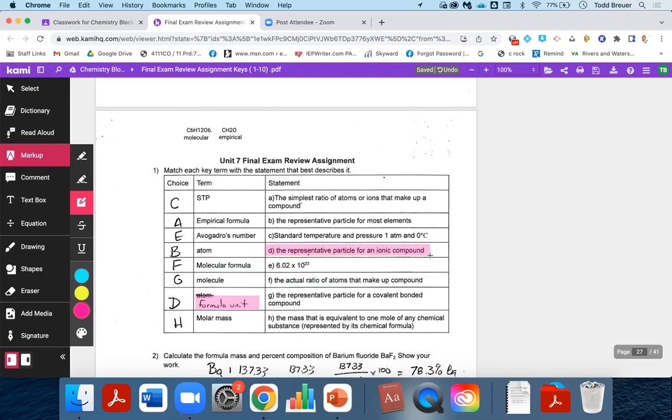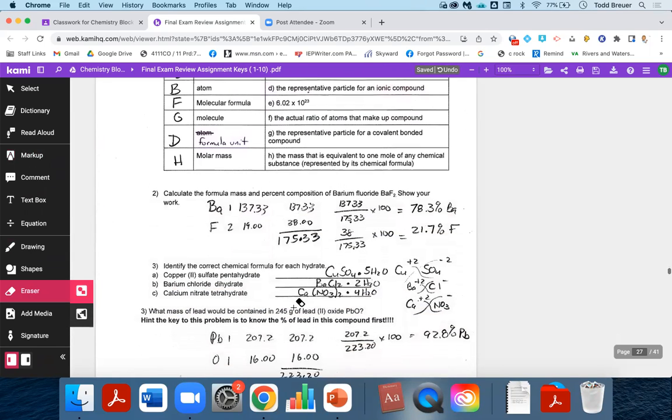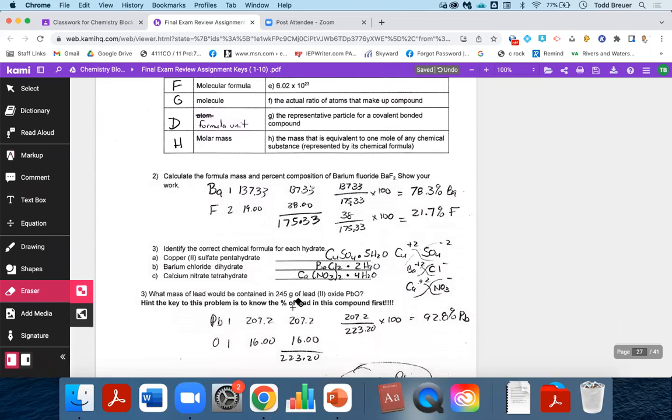Remember, ionic compounds are compounds that begin with a metallic element typically. So if we have a metal bonded with a non-metal or a metal bonded with some other kind of ion, we typically call the particle of that compound a formula unit, never a molecule. Okay, let's get right into the skills now.